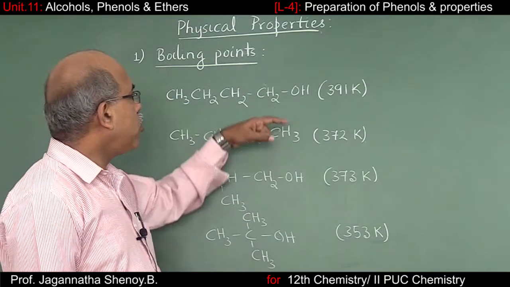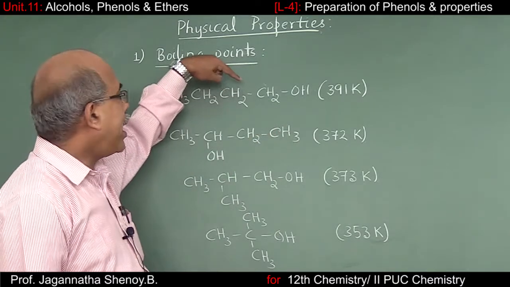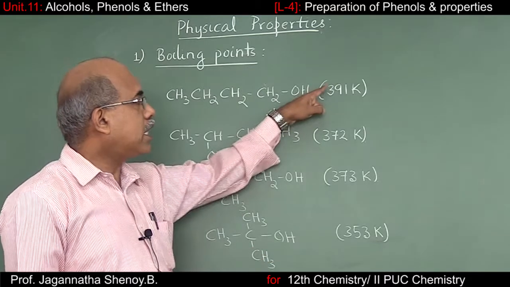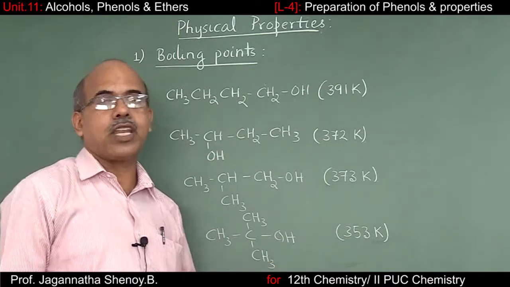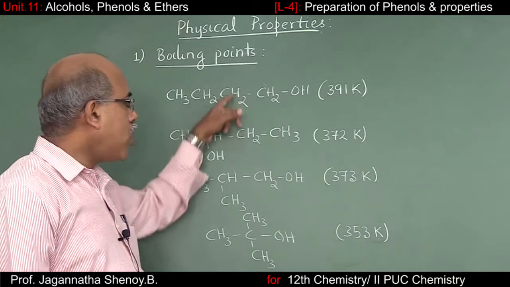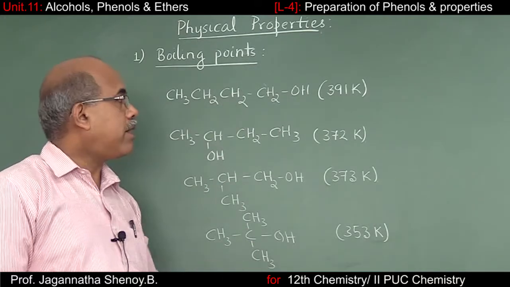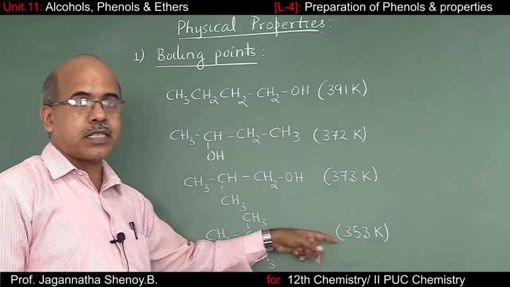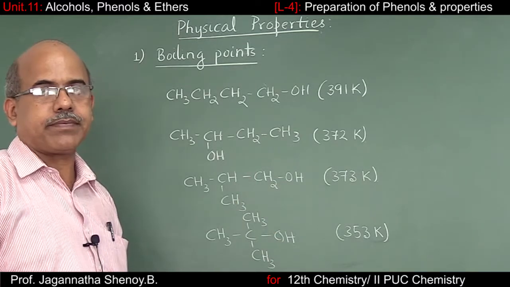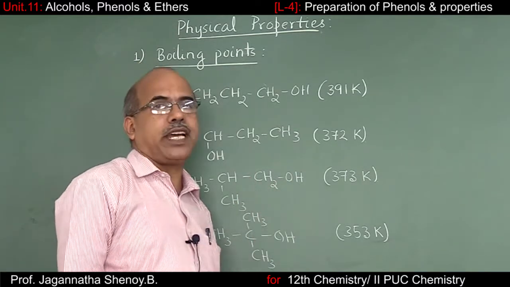But as I move from n-butyl alcohol to tertiary butyl alcohol, there is a considerable decrease in the boiling point. Or in other words, among isomeric alcohols, the boiling point decreases with increase in extent of branching. So what is the reason for that?